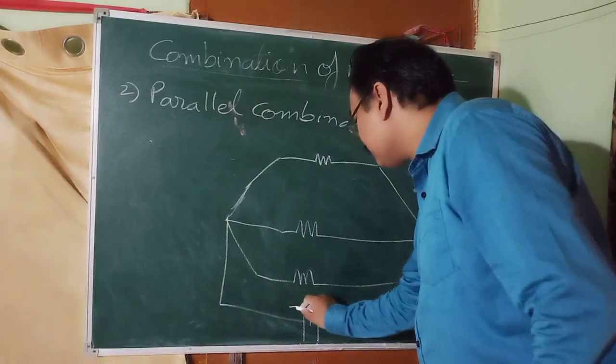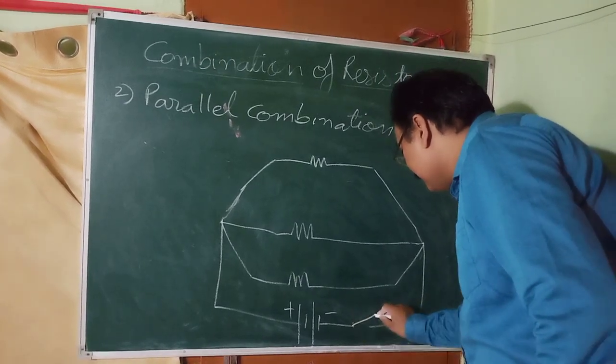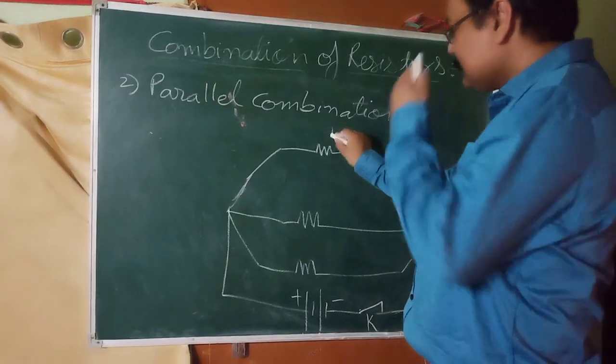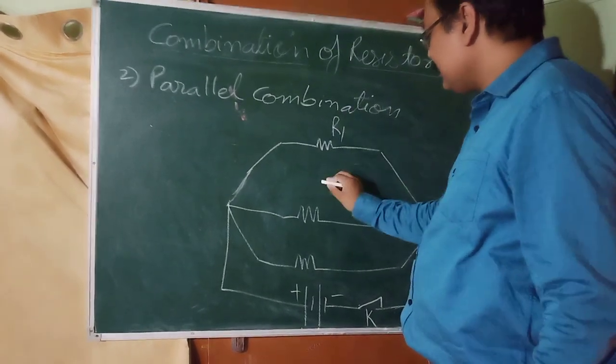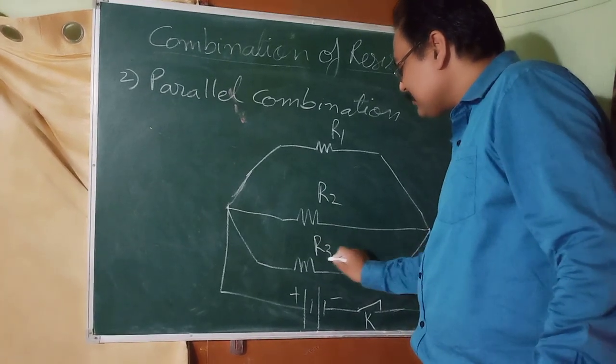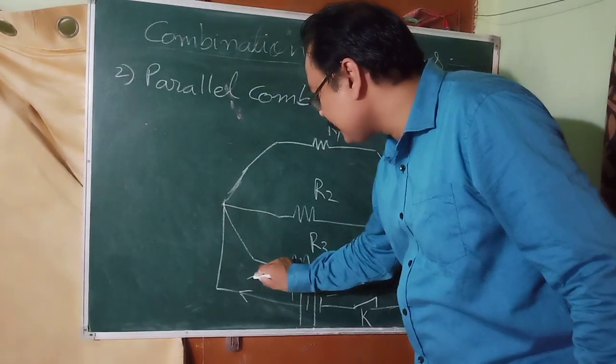Okay, this is the positive terminal of battery, this is negative. You can see I'm going to draw here a key. This is the key which is closed. Okay, let the resistance of this resistor be R1, resistance of this resistor be R2, and resistance of this resistor be R3. Okay, obviously suppose some current I will start from here.